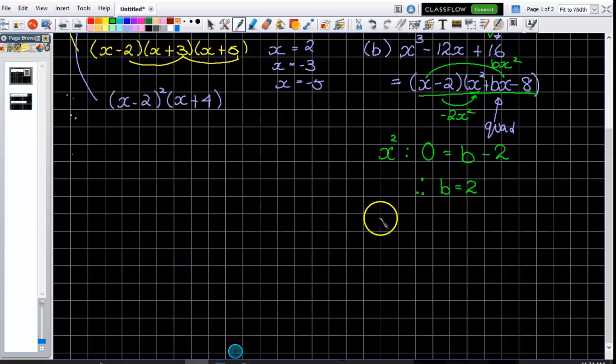So what we now have is x take 2 times x squared, what did we just say b was? So plus 2x minus 8.